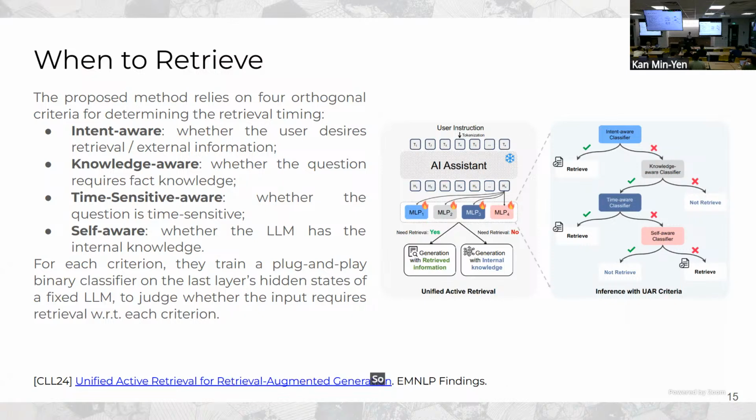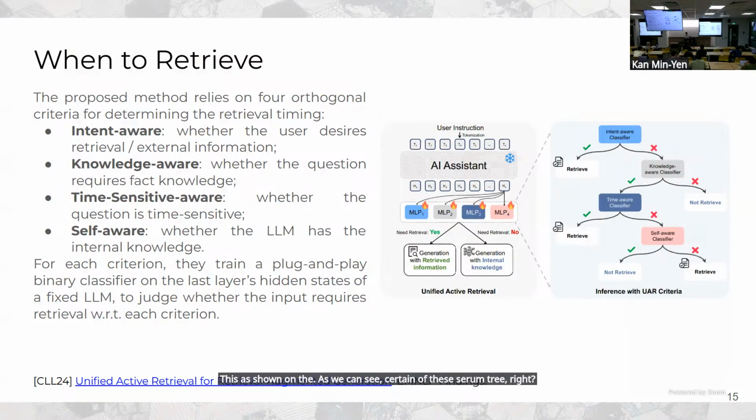According to these four criteria, the authors trained specific classifiers. Given the input query, as shown on the left-hand side, it's a kind of decision tree.